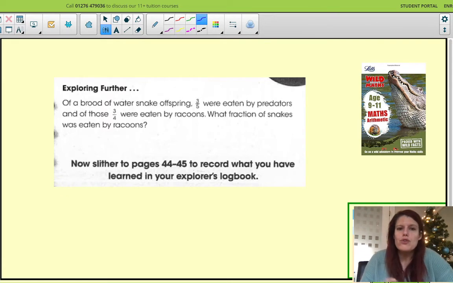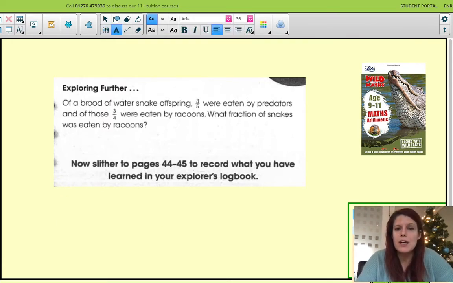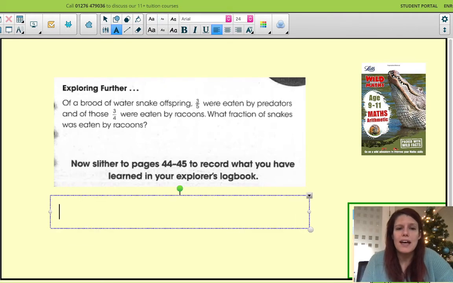Moving on now, exploring further. Of a brood of water snake offspring, 3/5 were eaten by predators, and of those, 3/4 were eaten by raccoons. What fraction of snakes was eaten by raccoons? So 3/5 were eaten by predators. So there were 5/5 altogether. 3 of those fifths were eaten by predators.